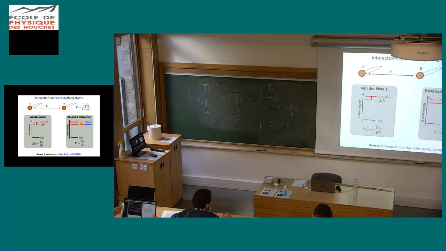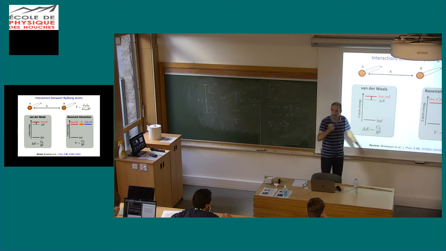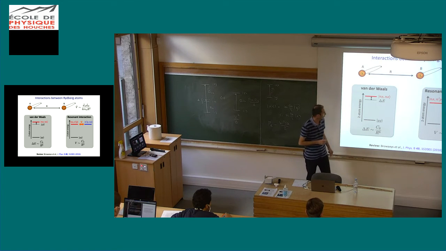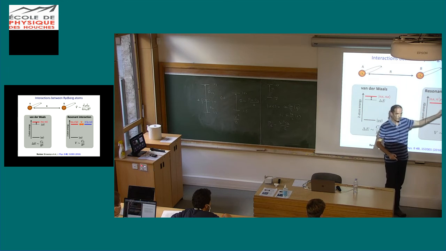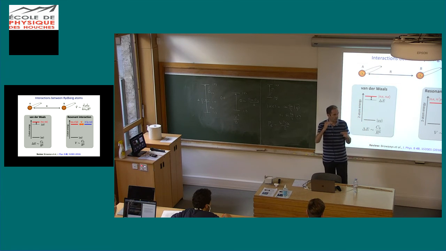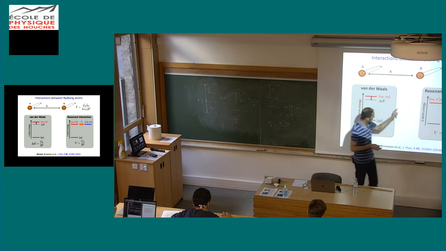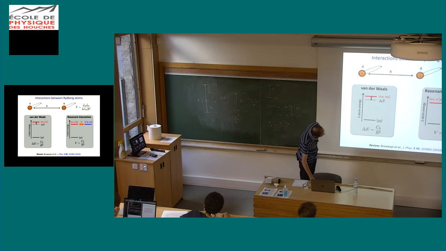There is the van der Waals interaction, which is the second order interaction, which occurs if you look at what happens when you place the two atoms in the same Rydberg state. Then this energy is shifted by the van der Waals interaction. Or you have the resonant interaction, which is that I can have one atom excited in this S state, or the other one in a P state. So here I have two different Rydberg states. We'll come back to that. But essentially, we'll play with that. So let's start with the van der Waals.